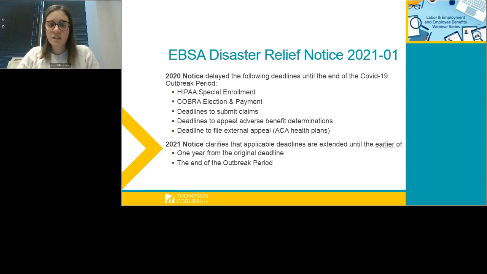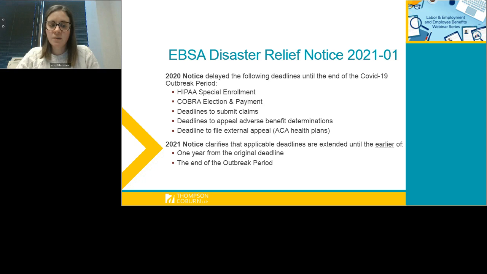Deadlines to submit claims, deadlines to appeal adverse benefit determinations, and deadlines to file external appeals. So again, the 2020 notice delayed all of those deadlines until the end of the COVID-19 outbreak period, which was defined as 60 days after the end of the COVID-19 national emergency.